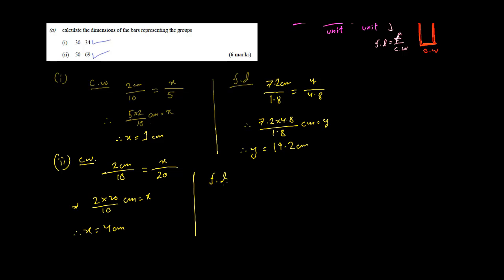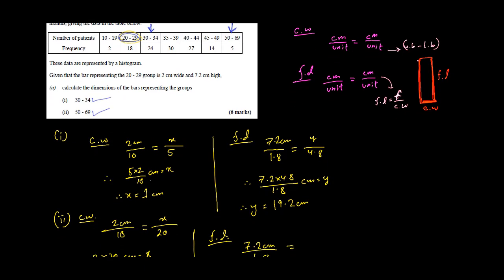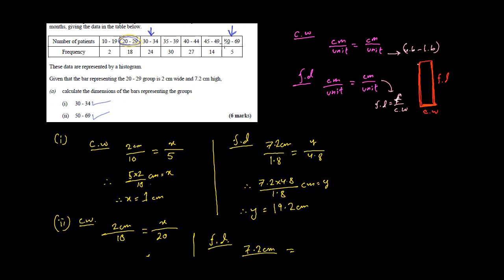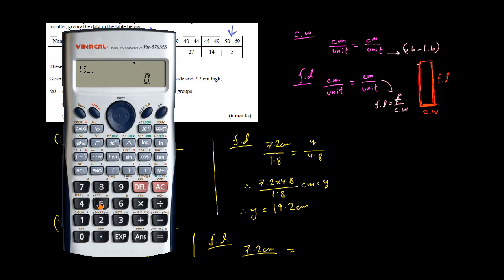Now the frequency density of this one. Again the given information is exactly the same, so let me copy this here. The given information is 7.2 centimeter and the frequency density is 1.8 unit. For this one, the frequency density is going to be frequency divided by class width. So frequency is 5, class width is 20. So 5 divided by 20 would be 0.25.